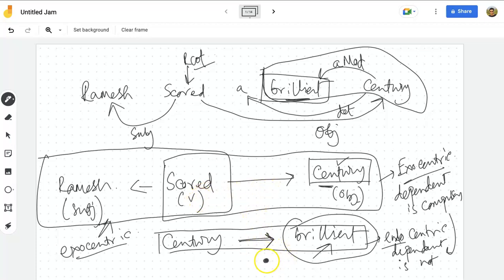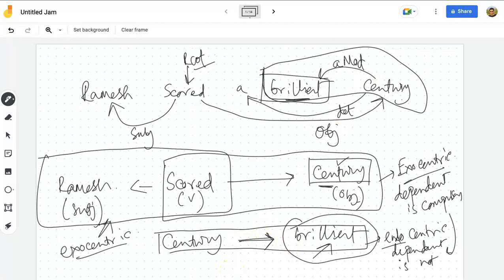And if you see a verb to verb modifier, or a noun to some kind of attribute modifier of this noun, this kind of thing is an endocentric relation, where the dependency is not that important.